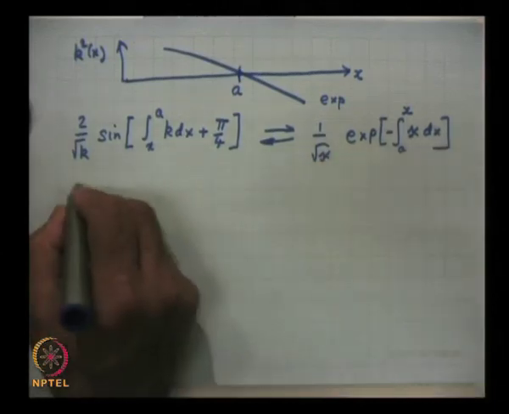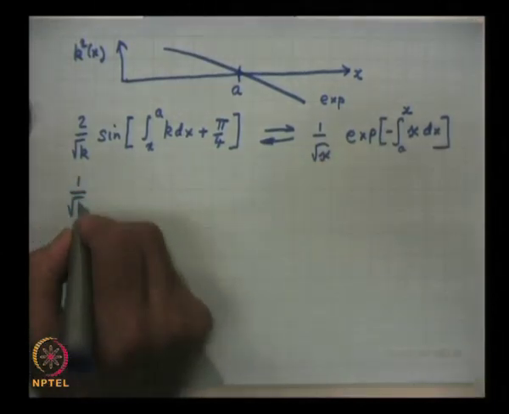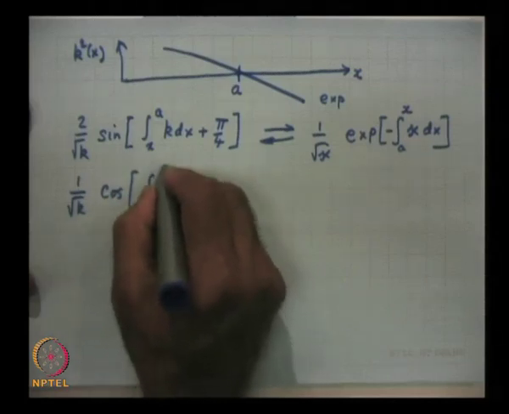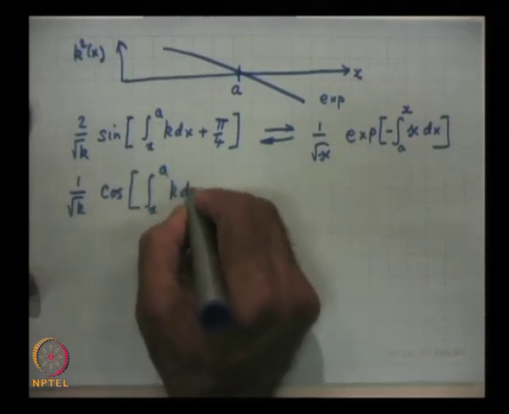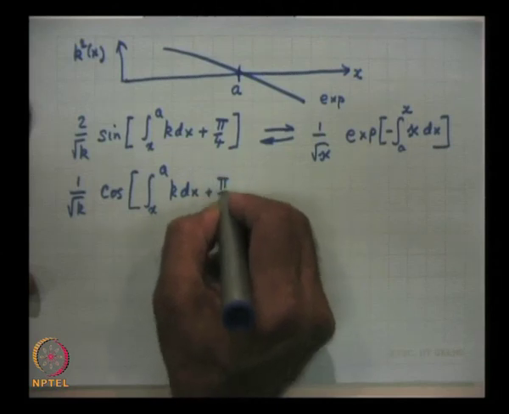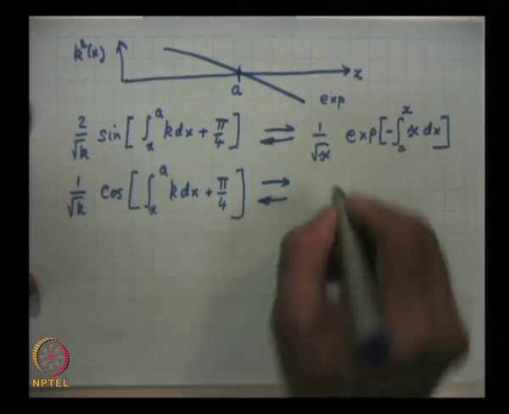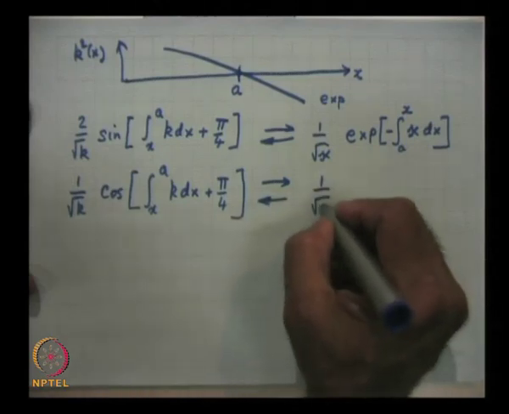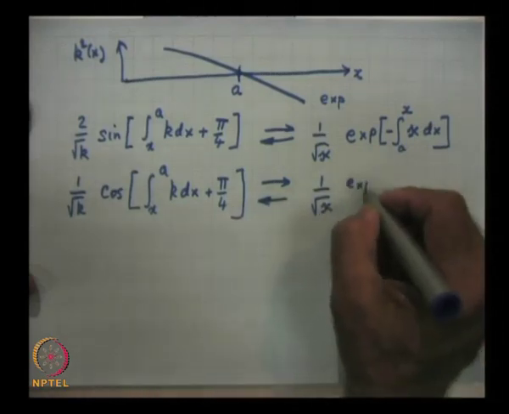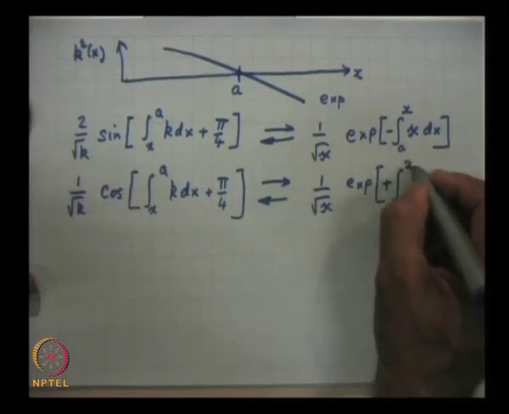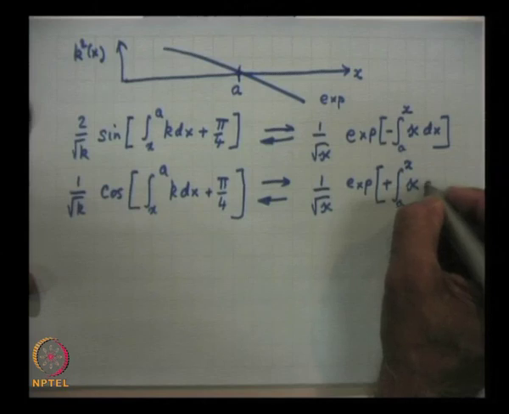And similarly, we had 1 over root k cos of the integral from x to a of k of x dx plus pi by 4 going over to the exponentially amplifying solution. So, 1 over root k exponential plus the integral from a to x of kappa of x dx.